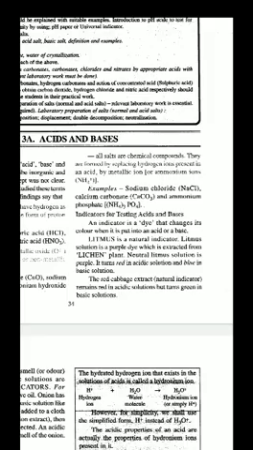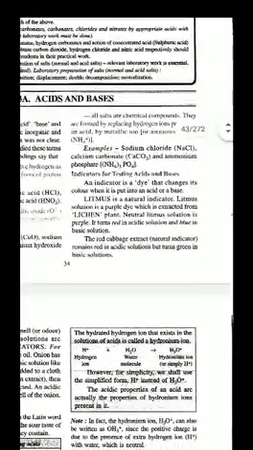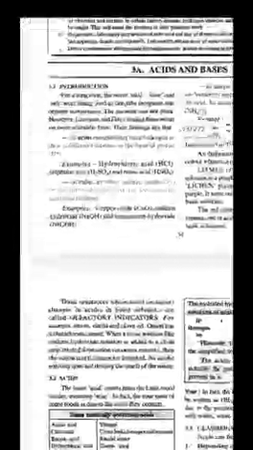Litmus is a natural indicator obtained from lichen, a purple color dye extracted from the lichen plant. Neutral litmus solution is purple, it turns red in acidic solution and blue in basic solution. Red cabbage extract remains red in acidic solution but turns green in basic solution.